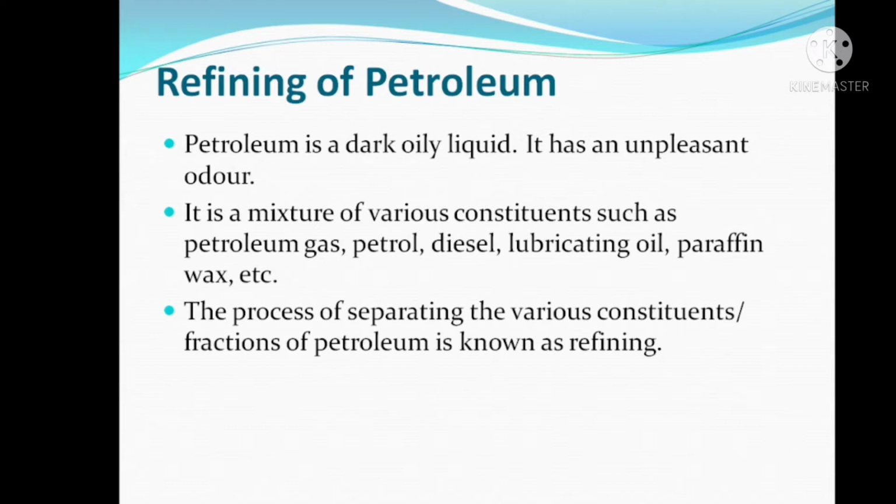When we divide it, it develops into petroleum gas, petrol, diesel, lubricating oil, paraffin wax, etc. These are the different categories we have divided. That is called petroleum refining. It is carried out in a petroleum refinery. The product first goes into the refinery, and from there all the materials are categorized.